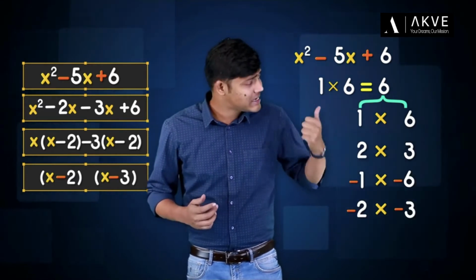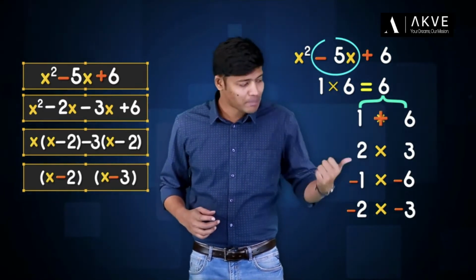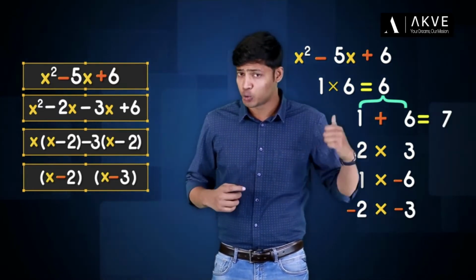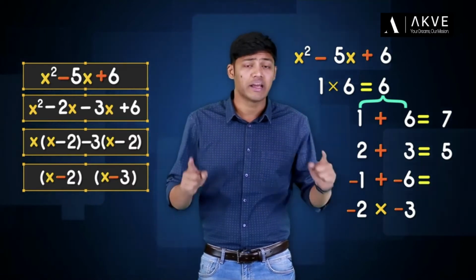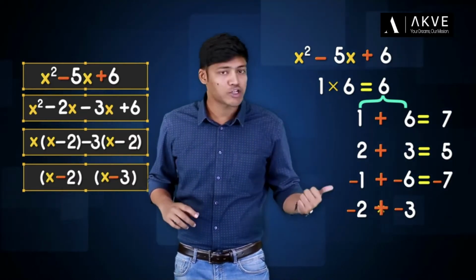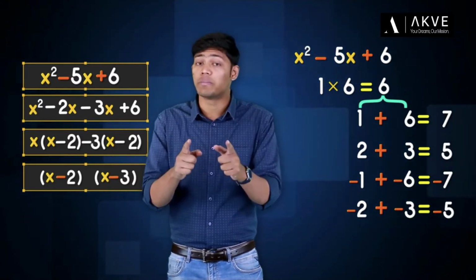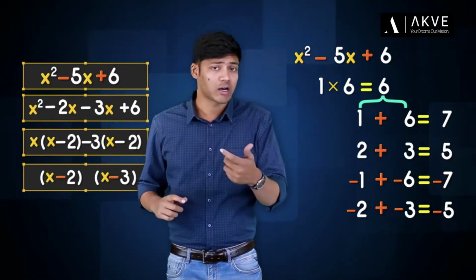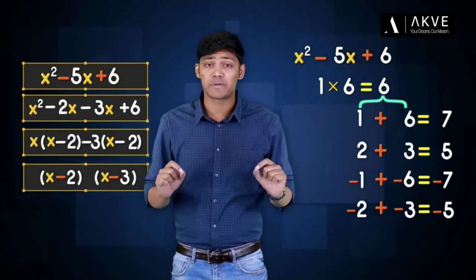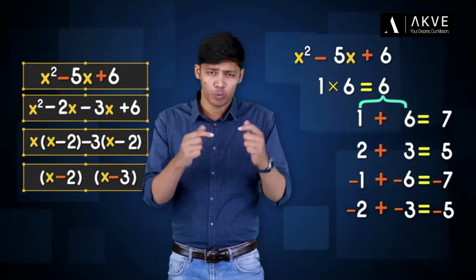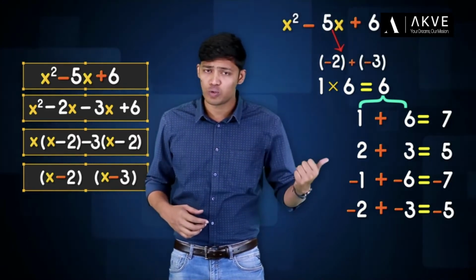Now, out of all these factors, we select those numbers whose sum is the coefficient of x. Here, we can see that the coefficient of x is minus 5. So, 1 plus 6 is 7, 2 plus 3 is 5, minus 1 plus minus 6 is minus 7, and minus 2 plus minus 3 is minus 5. So, the two numbers that we will select are minus 2 and minus 3. So, we will represent the coefficient of x, which is minus 5 in this case, as the sum of minus 2 and minus 3.